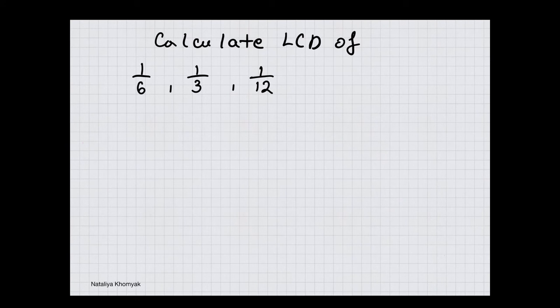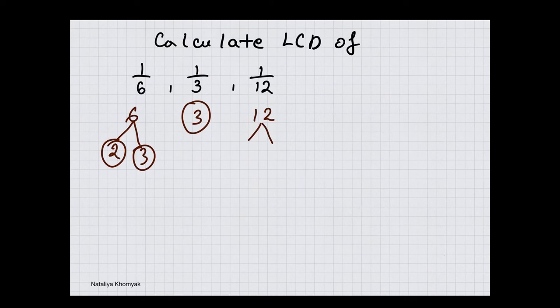Let's find the LCD of 6, 3, and 12. 6 can be broken down into 2 times 3. 3 is a prime, so we don't have to do much. 12 can be broken down into 2 times 6. And 6 can be broken down into 2 times 3.